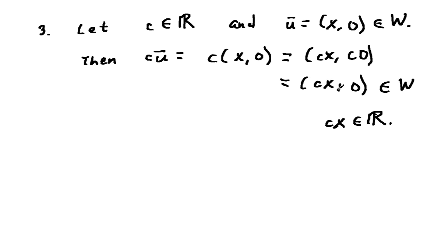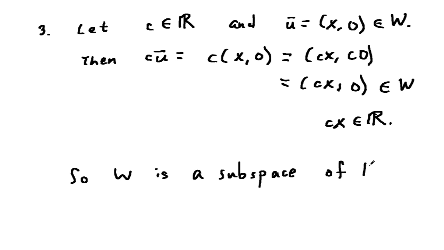And so this first component is real, the second component is 0, and so this vector lies in W. So we do have closure under scalar multiplication. So W is a subspace of R2.